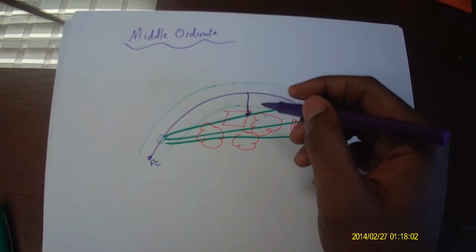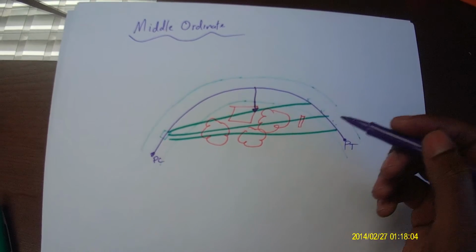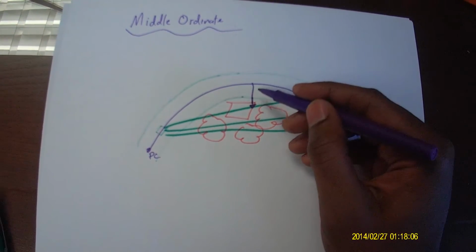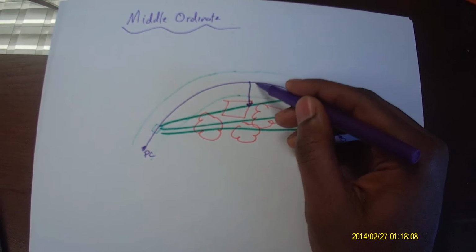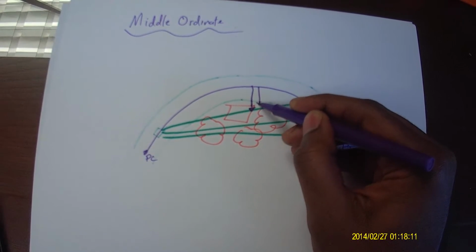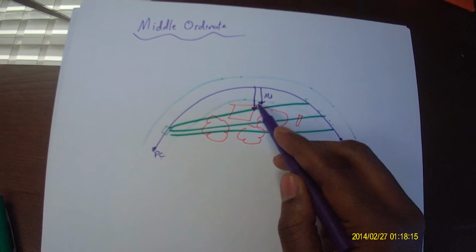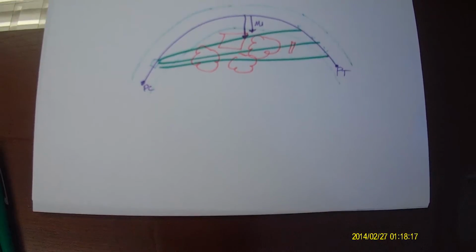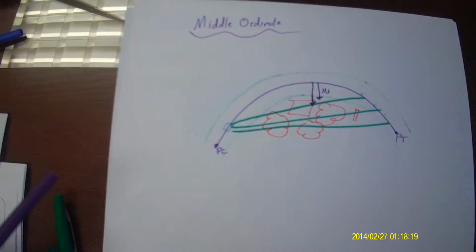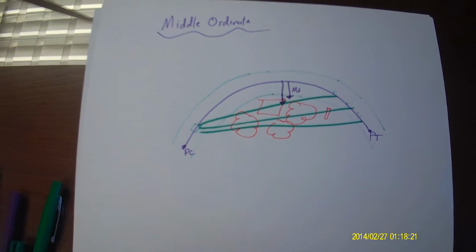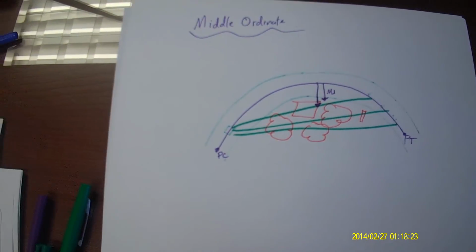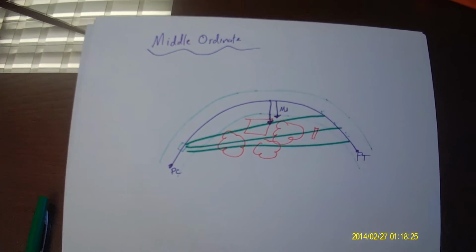So the middle ordinate here needs to be actually represented right about here. Because anything beyond that is basically going to block the sight line. Well, we don't want this to happen, especially if this road was being designed as such. So we actually need to do something.